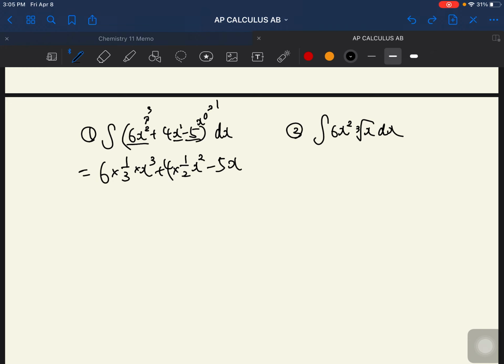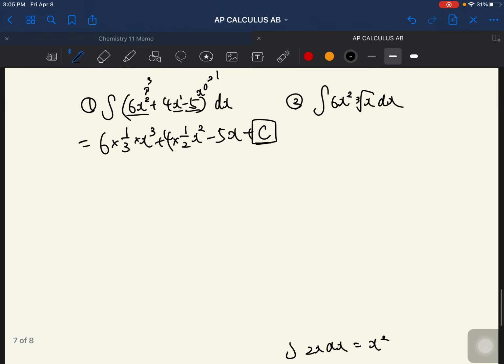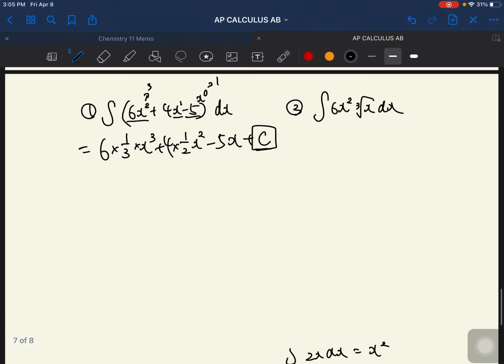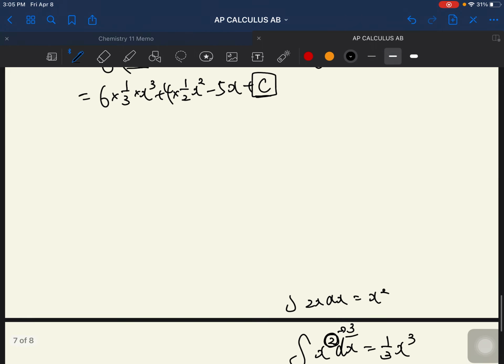Then you can't forget this number c. Probably I will explain about it later, but you have to write this c. It's a constant value. The reason why you have to put it is, for example, if you find the derivative of 2, it's going to be 0, right?